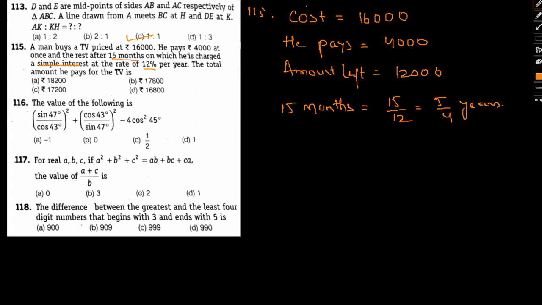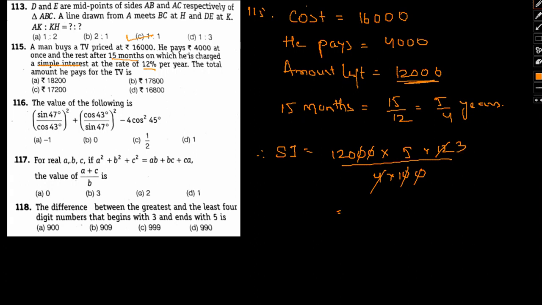Now, since this amount is being paid in the form of simple interest, the simple interest he needs to pay would be 12,000 into 5 by 4 into 12 by 100, the interest rate being 12. So 15 into 120, that would come out to be 1800.